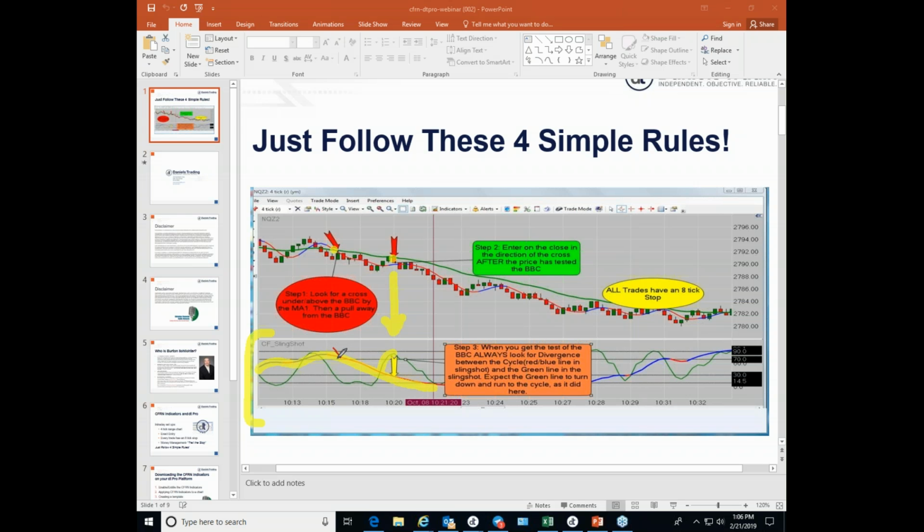What the cycle is telling you is, look, we are in a downtrend in this market on a 4-tick range chart. So it's setting the tone.